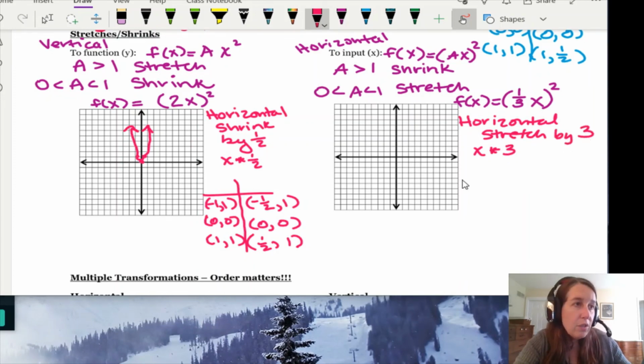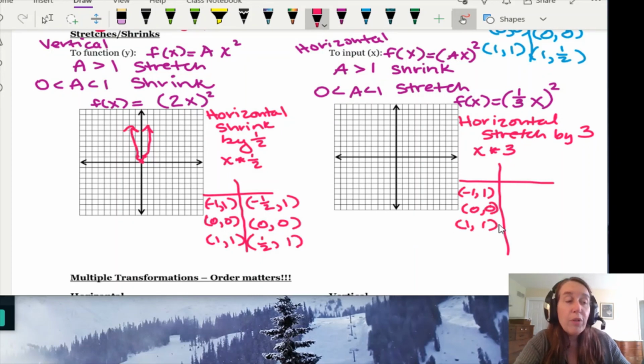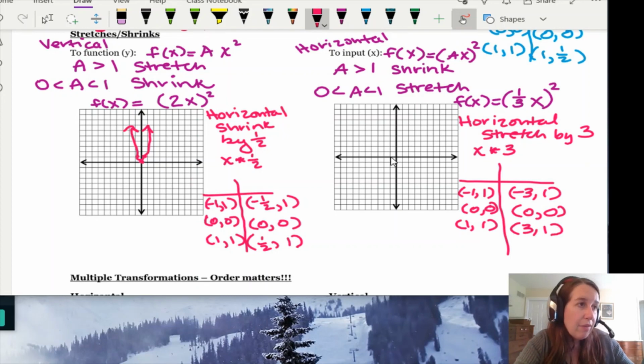So in our little chart, let's do -1, 1, 0, 0, 1, 1. We're going to multiply all our x's by 3. So -3, 1, remain 0, 0, and then 3, 1. And then when we graph it, you can think of this as horizontally stretching or as just getting fatter there, okay?